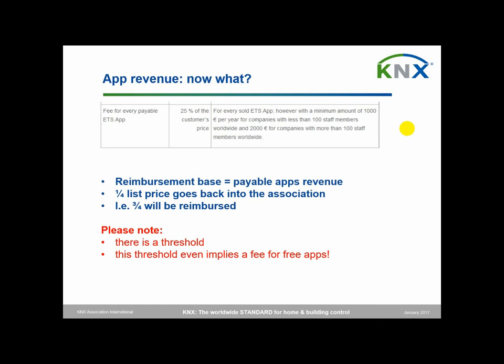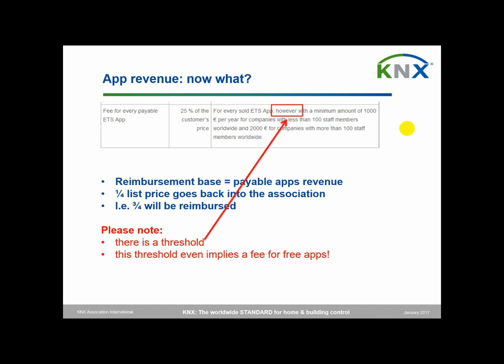So concretely, 25% of the list price will go back into the association, in order to maintain our infrastructure for you. And 75% of the list price will be reimbursed to you.